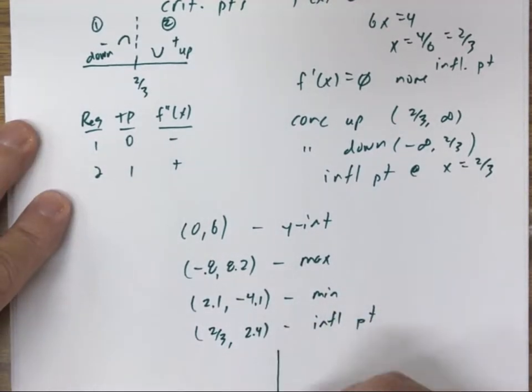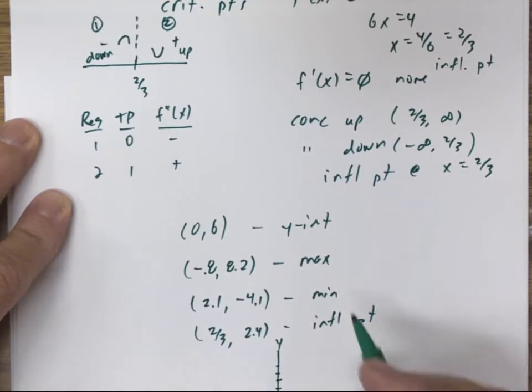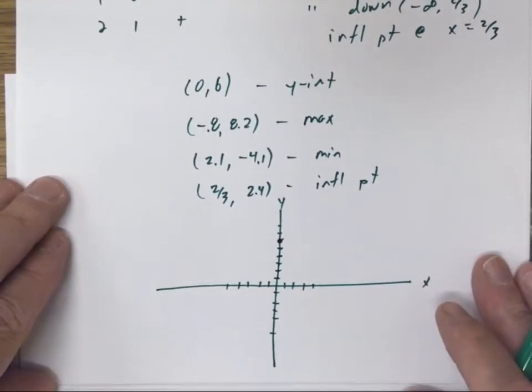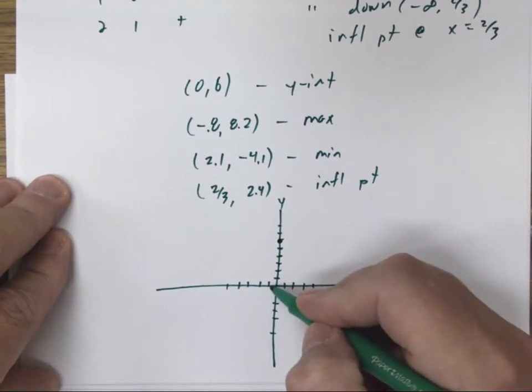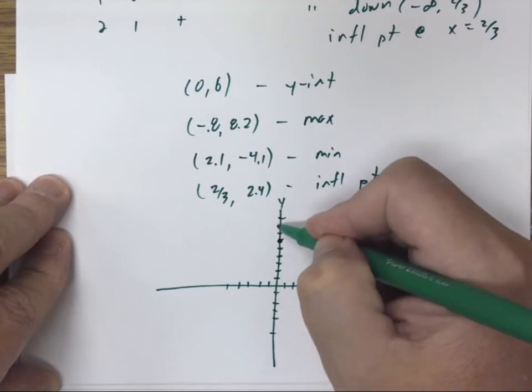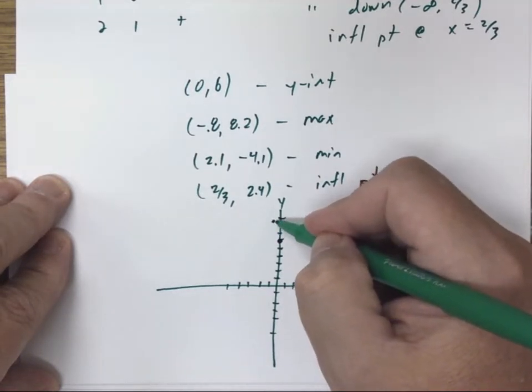So here's going to be a very rough sketch. Let me plug in all the stuff we've got so far and see what happens. Y-intercept at (0, 6). My graph's going to go to that point. I got a maximum at negative 0.8, which is 8.2, so maybe right about here.